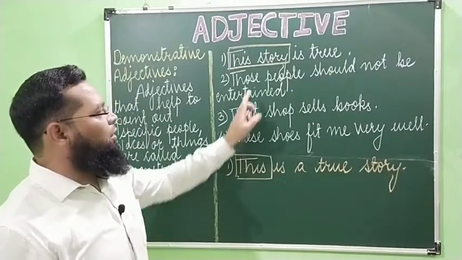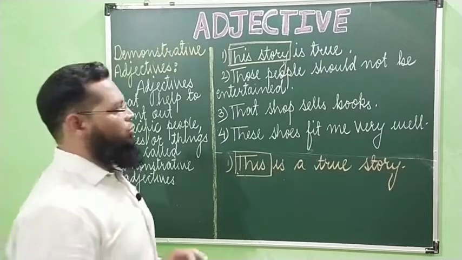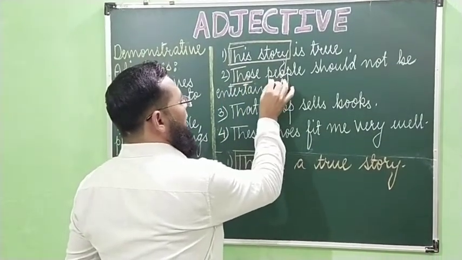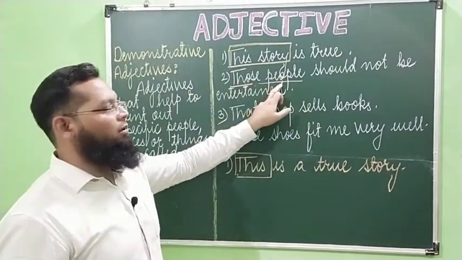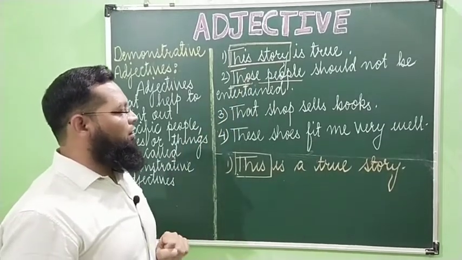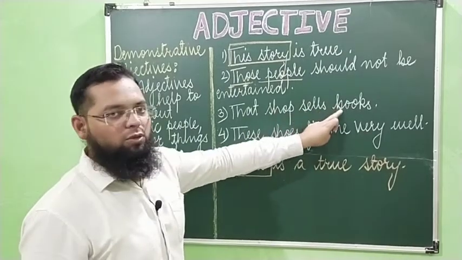Second example: those people should not be entertained. Here those is a demonstrative adjective because the noun people follows it. Next example: that shop sells books.